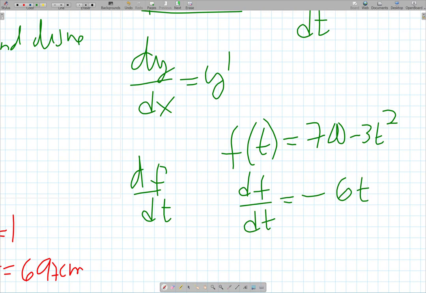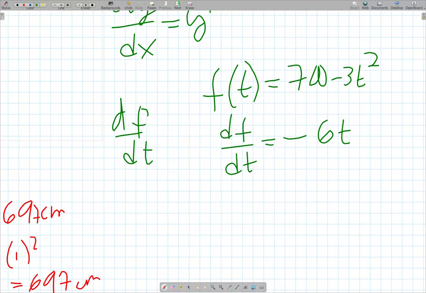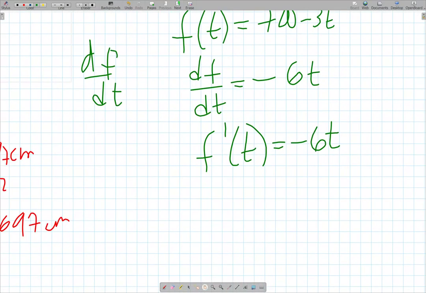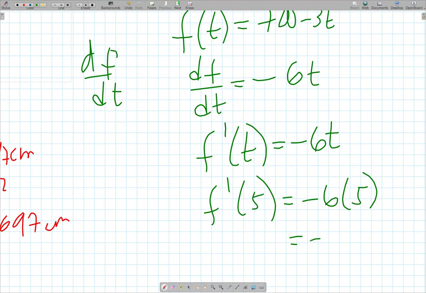So our df over dt, or f prime of t, is equal to negative 6t. Since we are looking for f prime of 5, that is equal to negative 6 times 5, that is negative 30 centimeters per year.